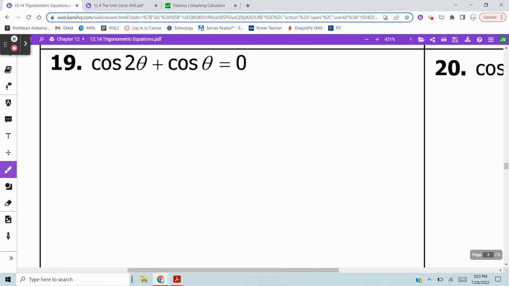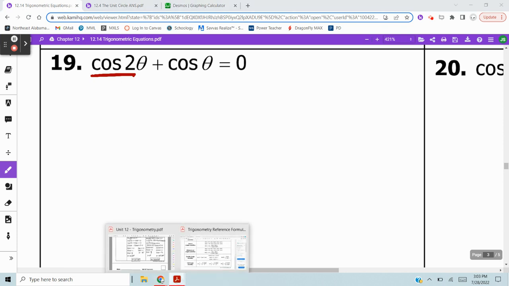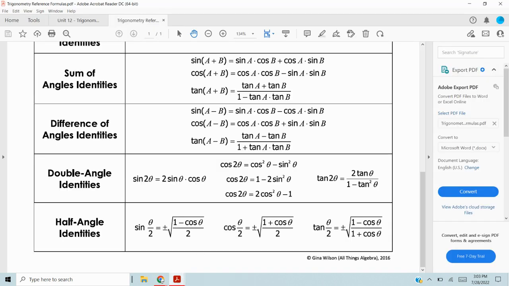Okay, number 19 says the cosine of 2 theta, double angle, plus the cosine of theta is equal to 0. Now let's go back. I've got my different trig identities pulled up here, and here are my double angle identities right here. Just a reminder that cosine actually has 3 of them.